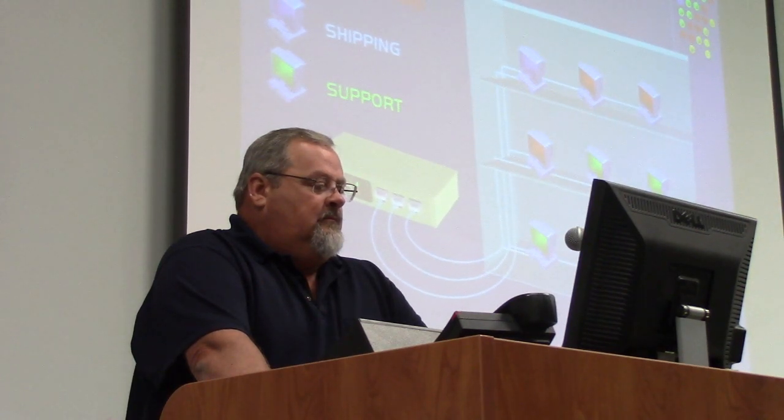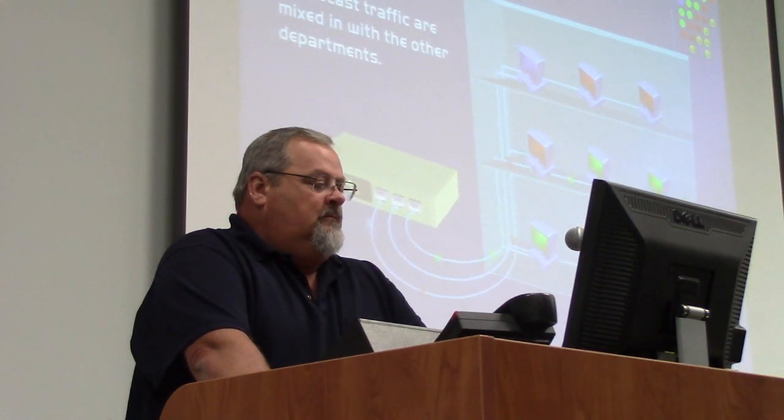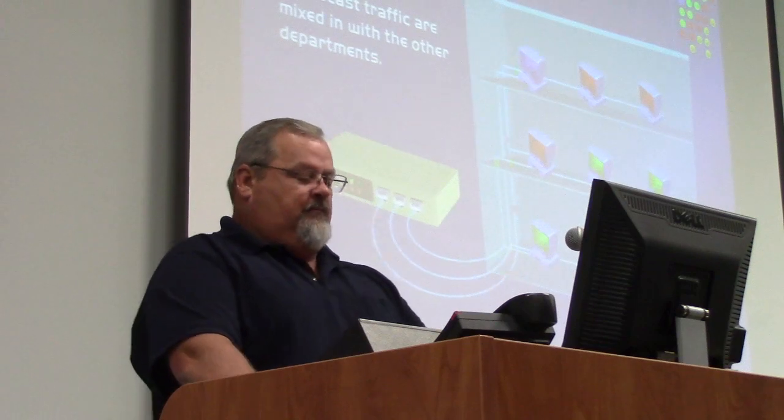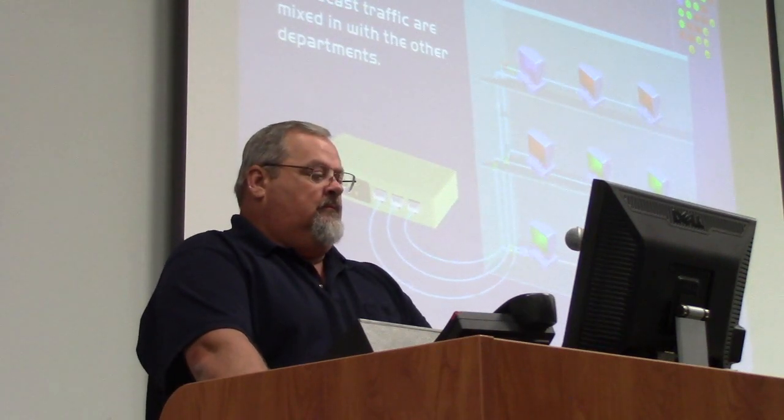Now, as you can see, all these computers from these different departments are all connected to a switch. So they are all on one segment on a local area network, or LAN. So all the network broadcast traffic is mixed in with other departments. So the departments are all seeing each other's network traffic.